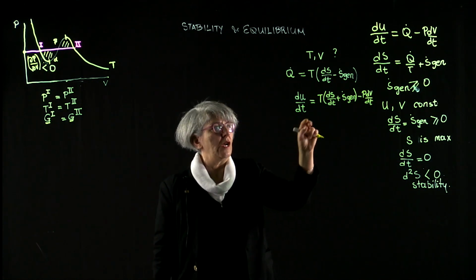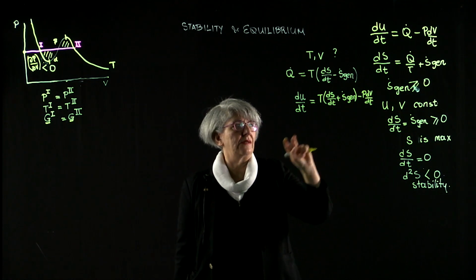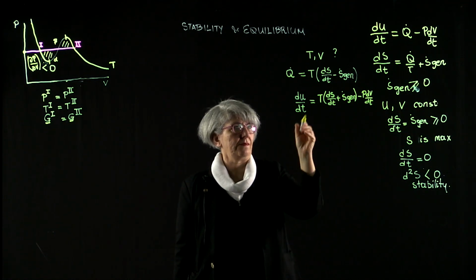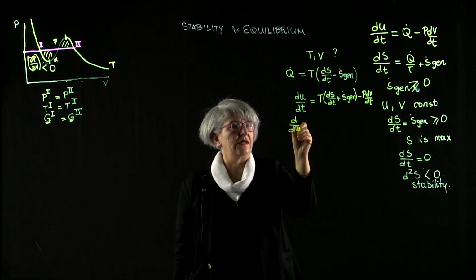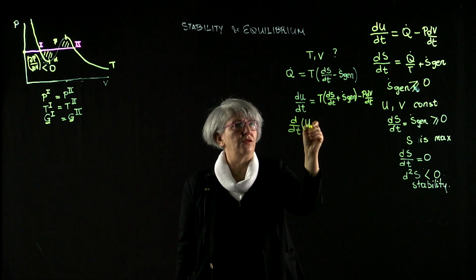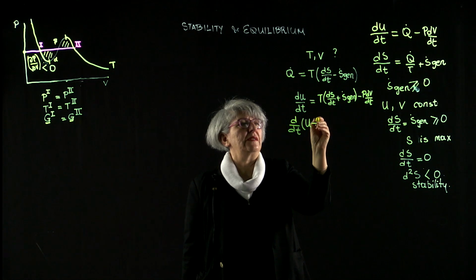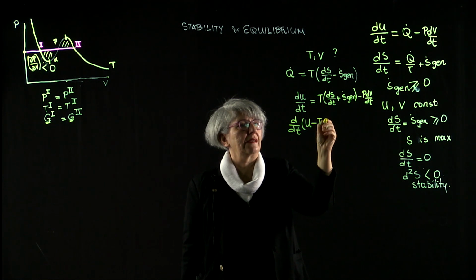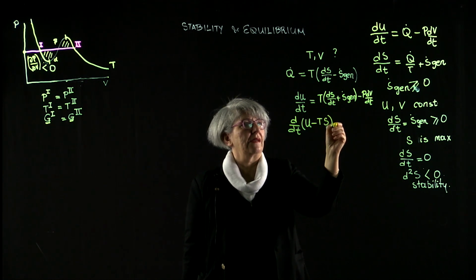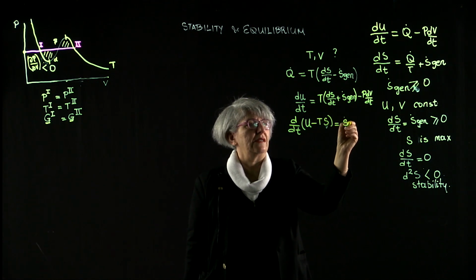So when we rearrange this equation, we see that d over dt of (u minus T s) is equal to minus S generated.